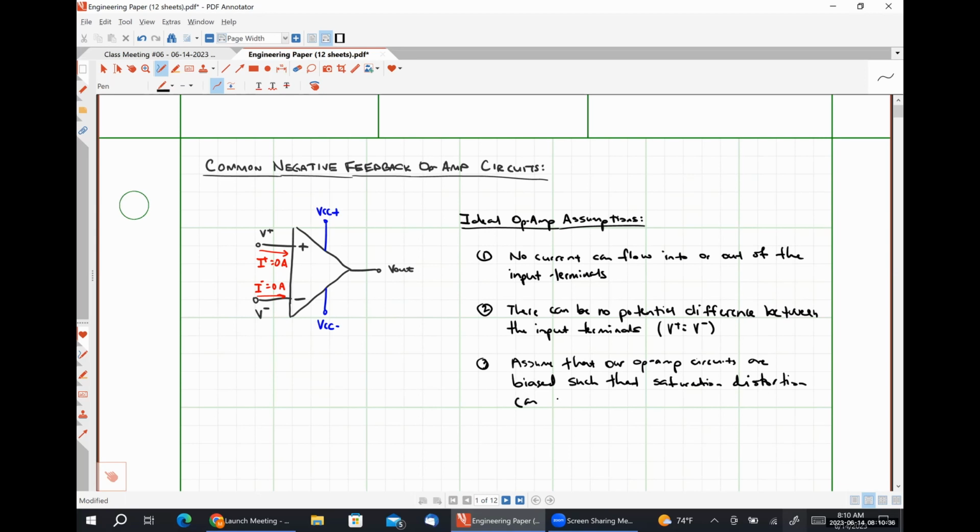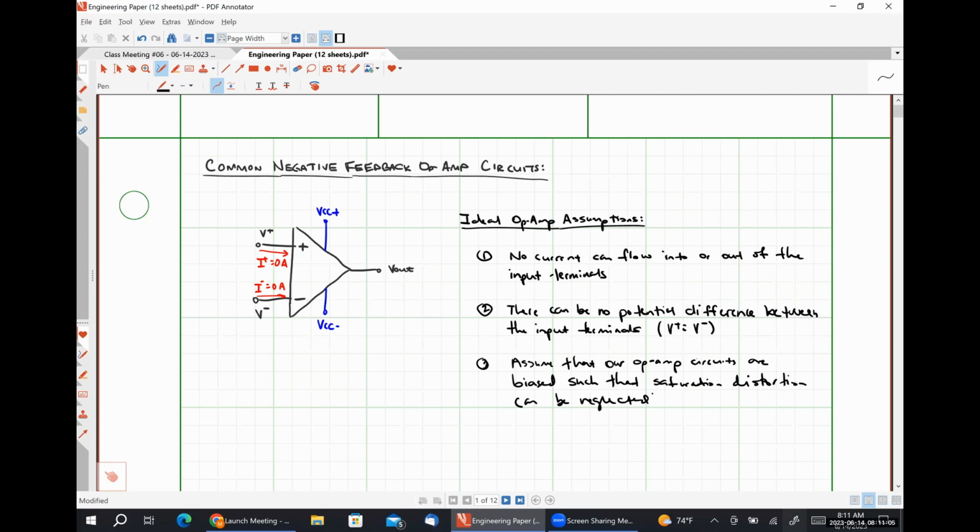And what I mean by that is that we are going to choose VCC plus so that it would be higher than any output voltage we might expect to see based on the application we're doing. And similarly, VCC minus would be chosen such that it would be much more negative than the most negative output voltage we would expect to see for our application.